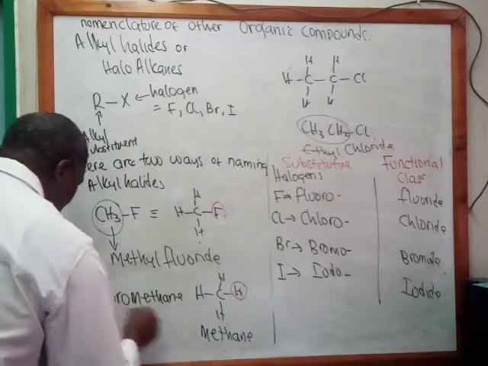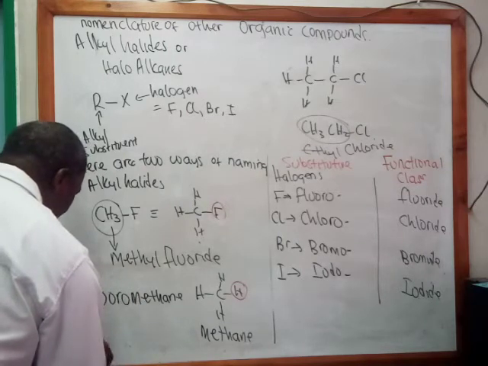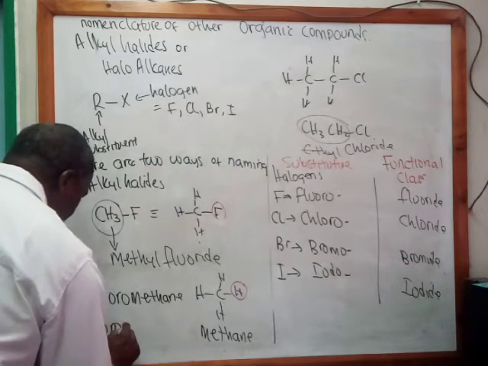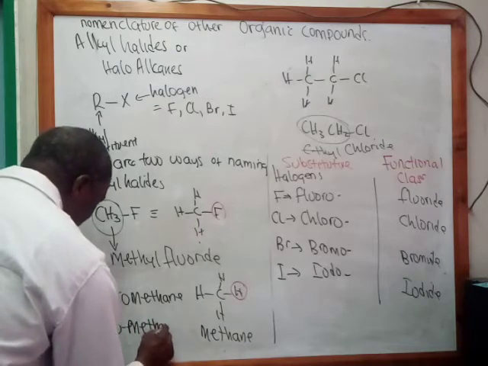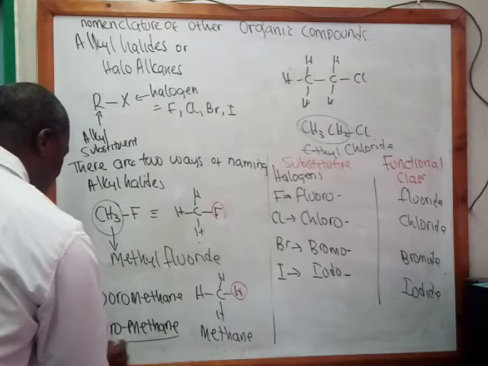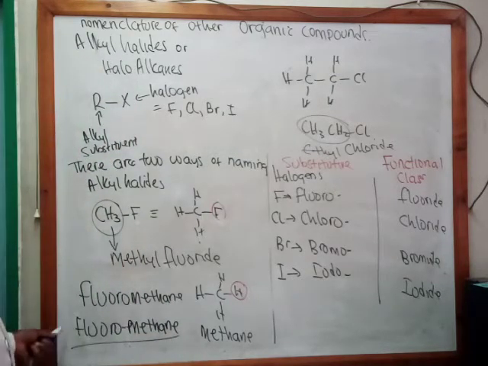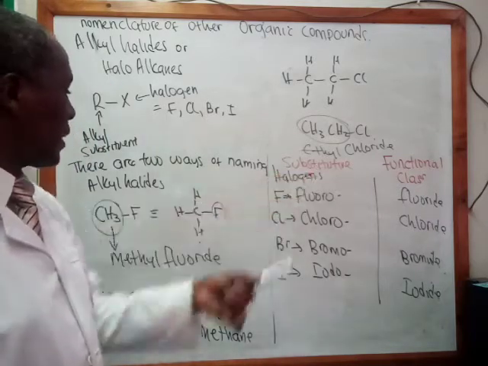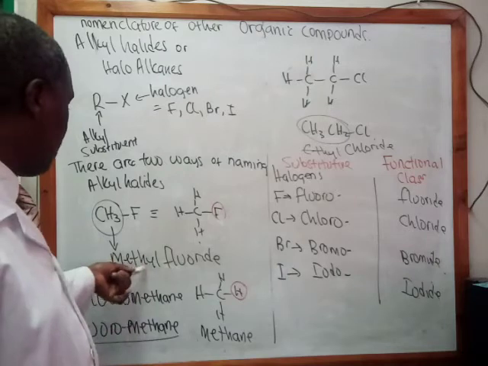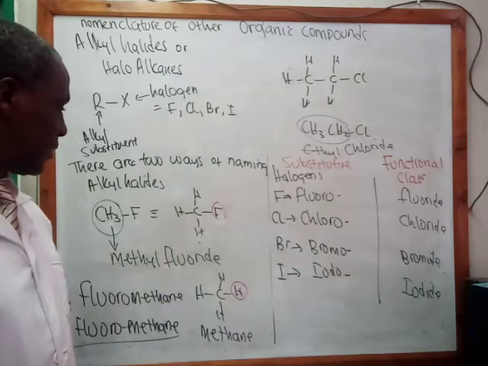But one thing which you need to know is that it is one word, as opposed to the functional class, where it is two words: methyl, then a space, then fluoride. Are you seeing the difference?